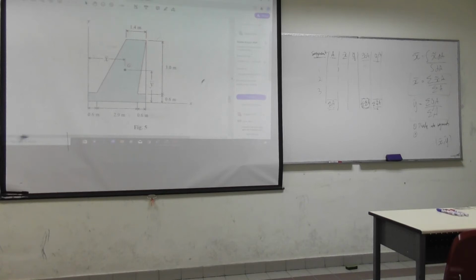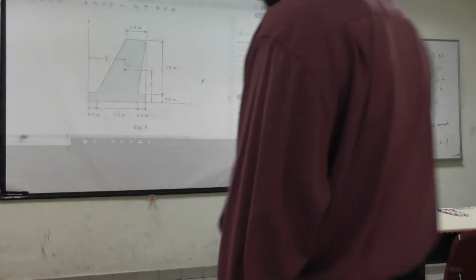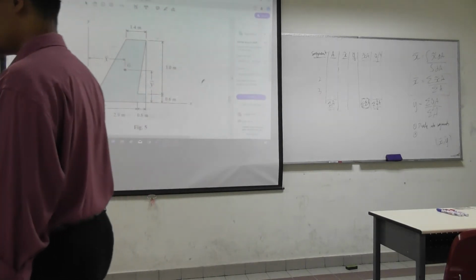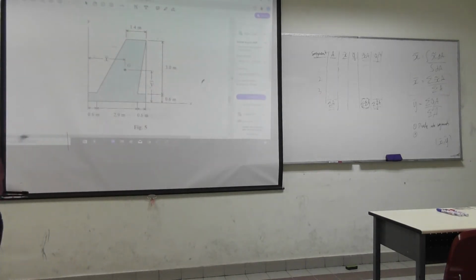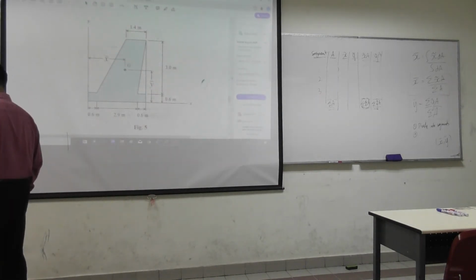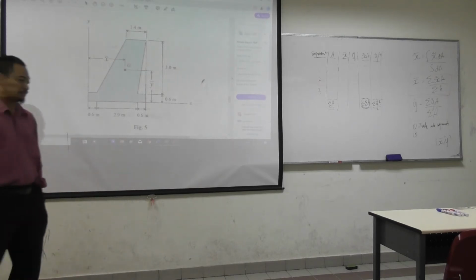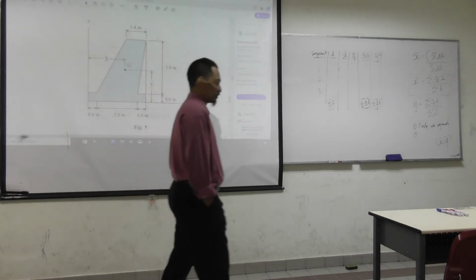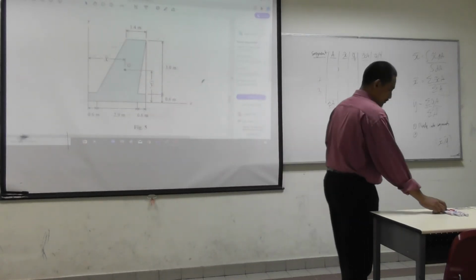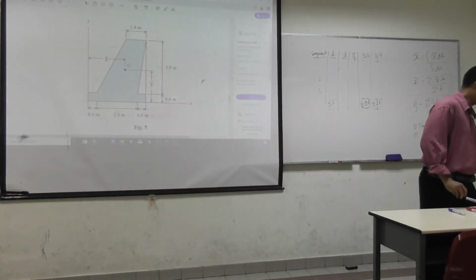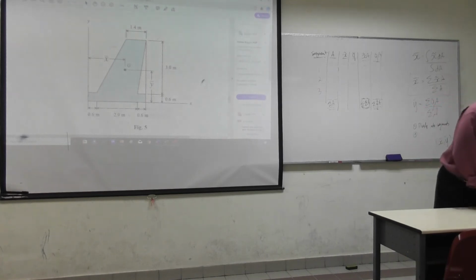So how many segments do you have? 2, 4, 5, 6. There are multiple ways you can divide.